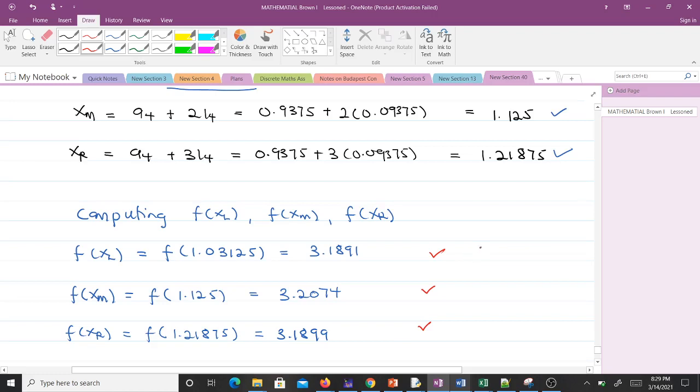Note that f of XR, which is f of 1.21875, means we're going to the objective function, which is f of x equal to x to the power 3 minus x to the power 5 over 3. Then f of 1.21875 will be, wherever you find x, you put 1.21875. Then 3 minus 1.21875, then raise to the power 5 over 3. That gives you this.